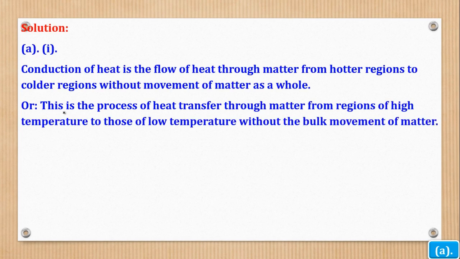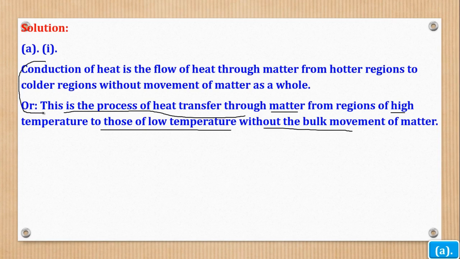Alternatively, you can say that this is the process of heat transfer through matter from regions of high temperature to those of low temperature without the bulk movement of matter. Both definitions are the same, it's only the language which is a bit changing, but they all are okay.